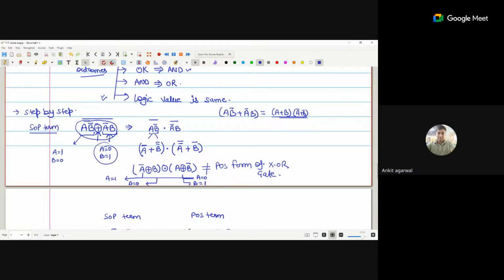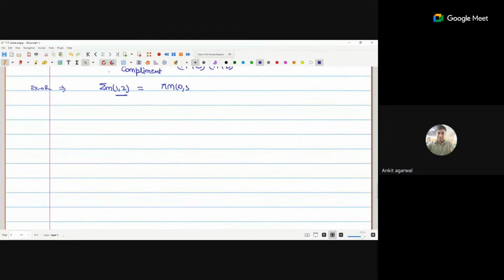Same: A0, B1, A1, B0. So that means the logic value is the same. Only the change is that AND converts into OR and OR converts into AND. So this is De Morgan.